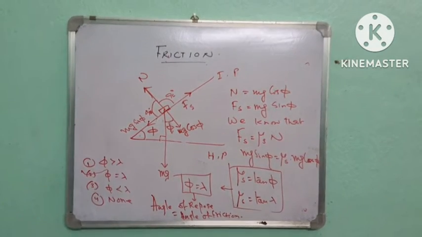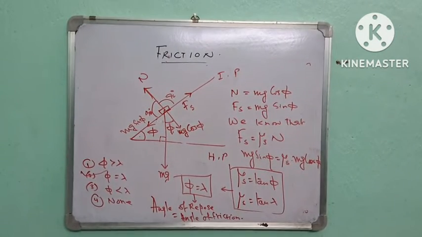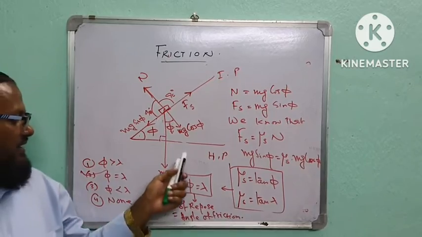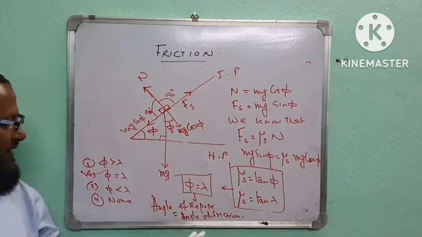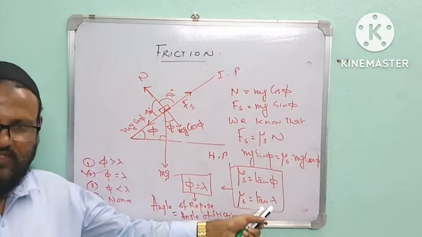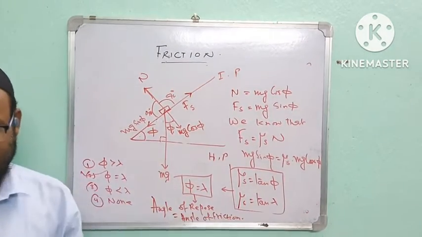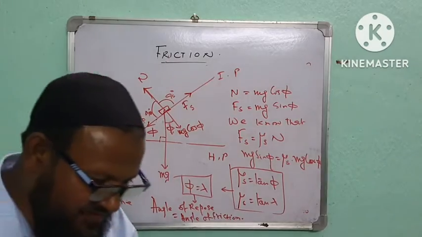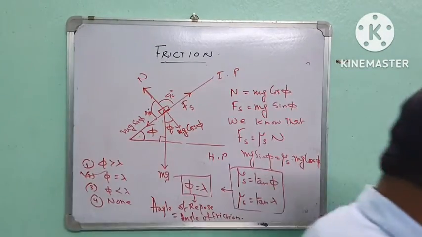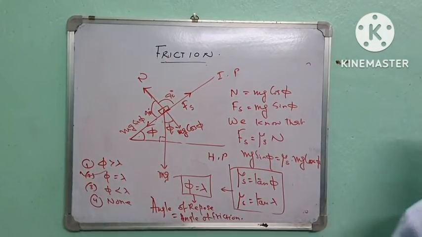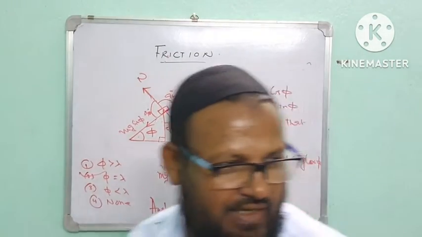Now, in this case, again, on the horizontal plane I proved mu is equal to tan lambda, and on this plane I proved mu is equal to tan phi. Now I tell you, to prove this in one figure, which figure should I take, horizontal plane or inclined plane?